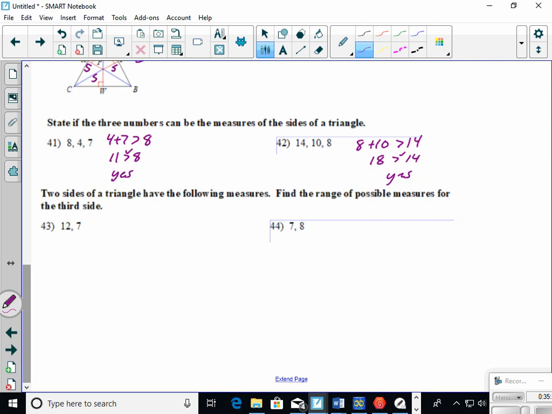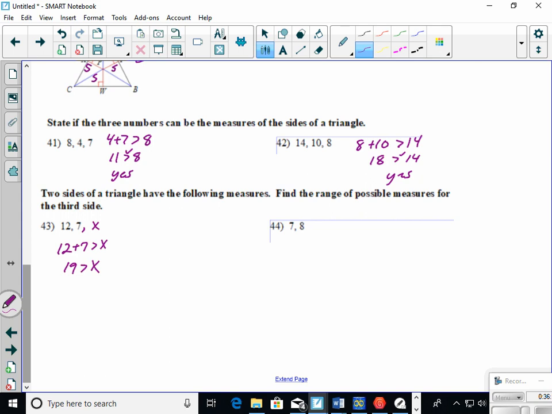All right, 43 and 44, trying to figure out what range of possible measures can be for the third side. So we know that the third side, if we call that x, then 12 plus 7 has to be greater than x. Right, any two sides added together have to be greater than the third side. So 12 plus 7 is going to give us 19. That is greater than x.